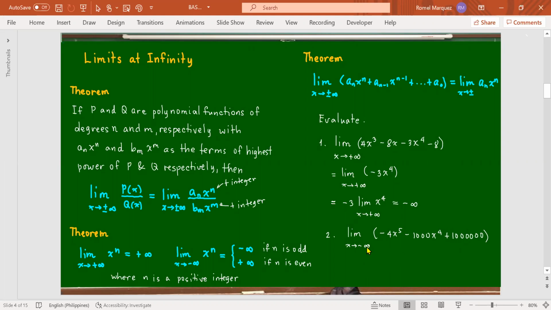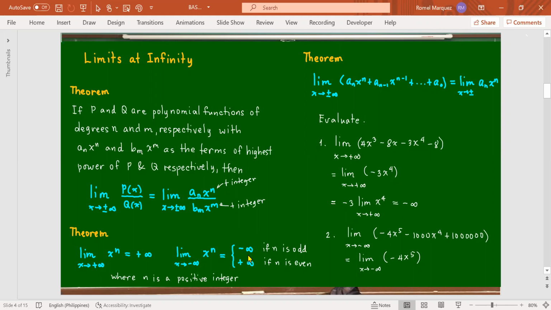What's the value? It is limit as x approaches negative infinity of -4x to the fifth. So you have x to the fifth. In our table, or in our theorem, negative x to the n, x approaches negative infinity, what's the limit? Positive or negative?